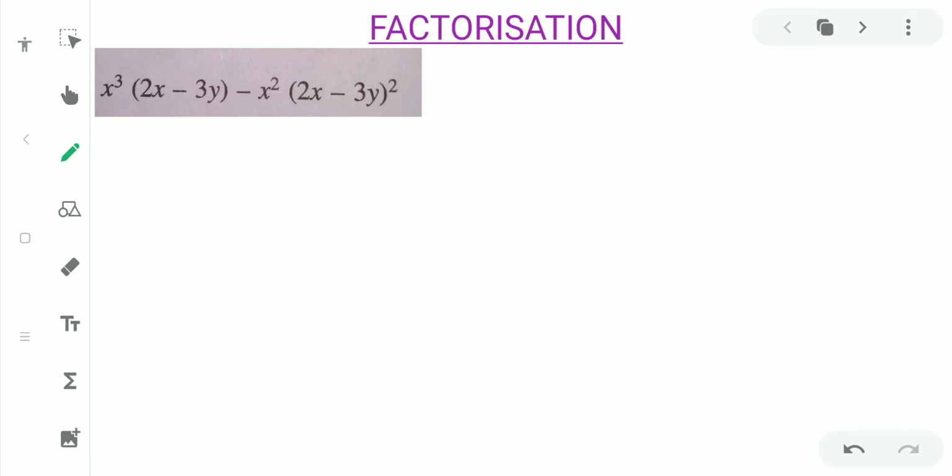The question on your screen is x cube times 2x minus 3y minus x square times 2x minus 3y whole square. Now let us solve it by using the method of factorization.